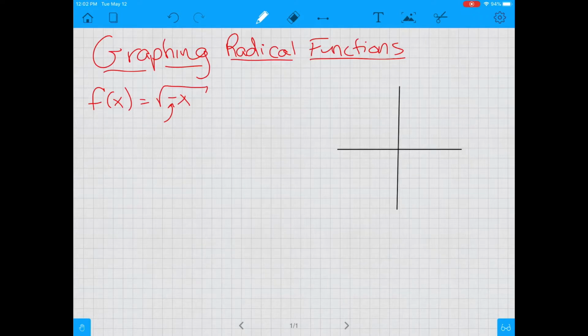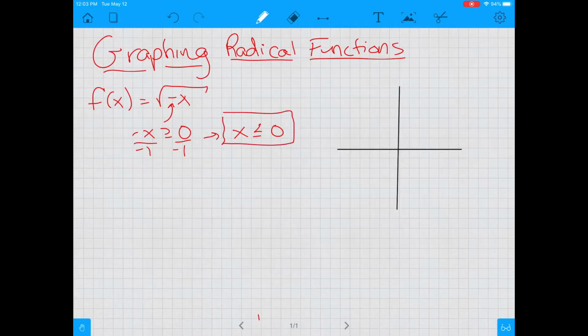So if I'm going to try and find the domain of this thing, I know that negative x has to be greater than or equal to 0, right? So if you remember our rules from inequalities, when I divide by -1, granted, 0 doesn't change, but because I divided by a negative sign, I know that that's got to flip.